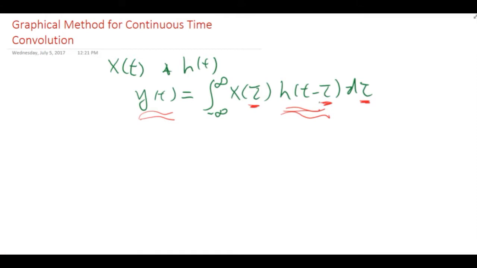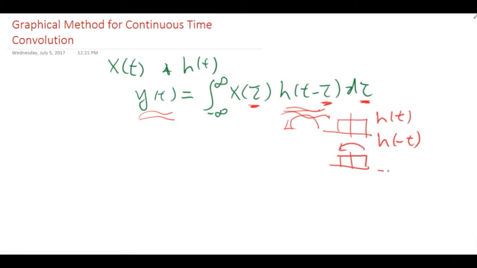h of t minus tau means this function is going to flip to the other side, to the left-hand side. If this is h of t, then h of minus t simply becomes flipping it to the other side.